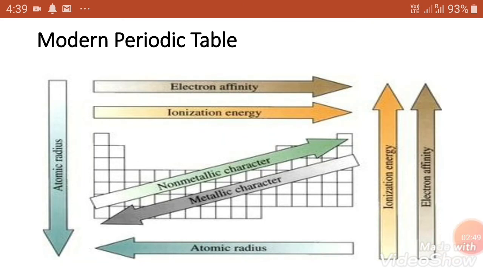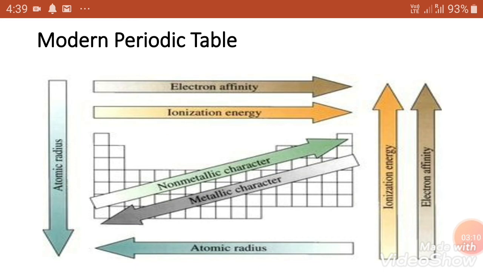So let's understand some periodic trends in the periodic table. Here you can see lots of arrows. The leftmost arrow says atomic radius. As we move from top to bottom of the periodic table, the atomic number increases.